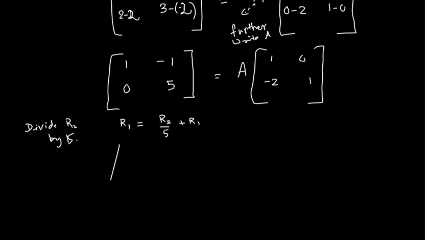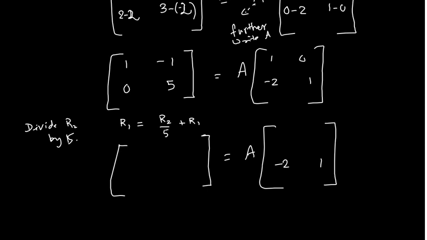you write A like this, minus 2, 1, 0, 5. Why? R2 is not disturbed, R1 is getting disturbed. So now R2 by 5, 0 by 5 is 0, plus R1, you will have 1 here.